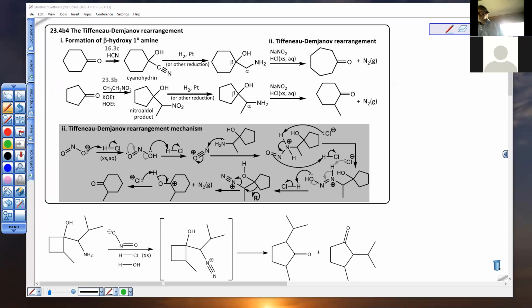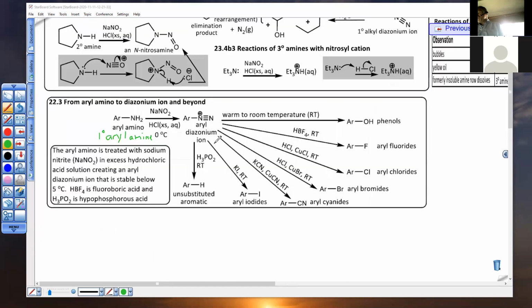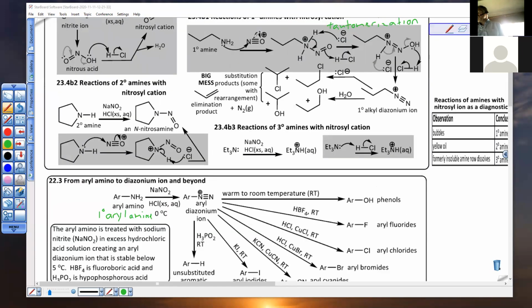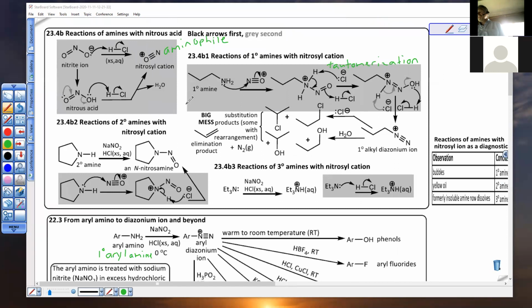Let me remind you. A primary amine under these conditions will generate, well, what are the conditions? HCl, excess aqueous, and nitrite ion. They will first react to form nitrosyl cation, which will then react with a primary amine to generate a diazonium ion, which will react some way.